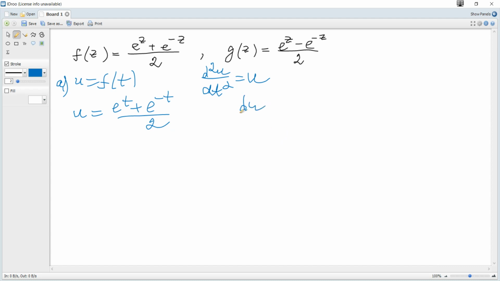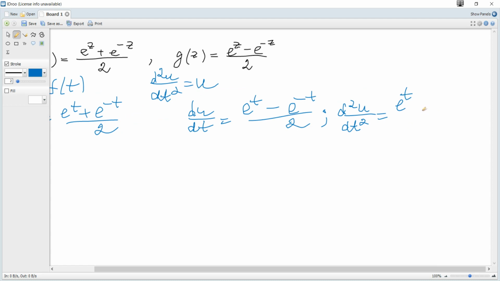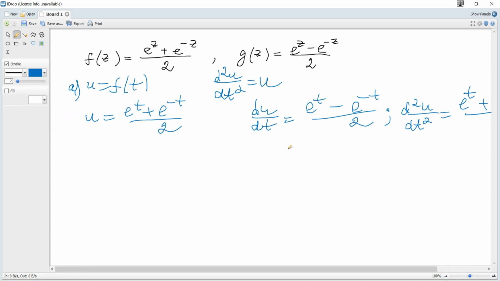Hence the first derivative becomes e to the power of t minus e to the power of negative t over 2, and hence the second derivative becomes e to the power of t minus minus, so plus e to the power negative t over 2, and we can see that it's u as required.